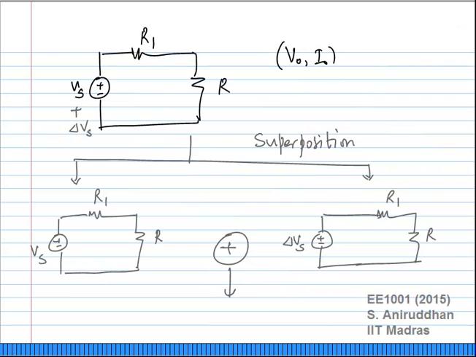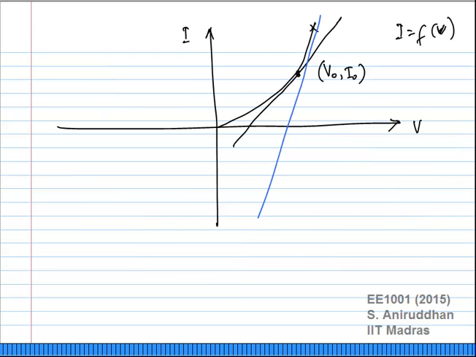So suppose I can replace it by the Taylor series. What I am going to do is take this behavior around V0, I0 and replace it by a tangent at that point. The minute I replace it with a tangent, to make things easier for myself, I am going to shift the coordinate system from this point to V0, I0.